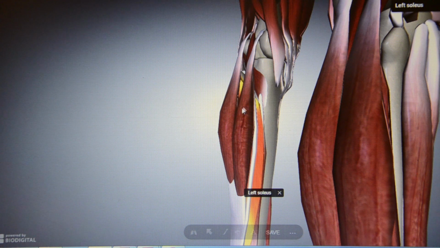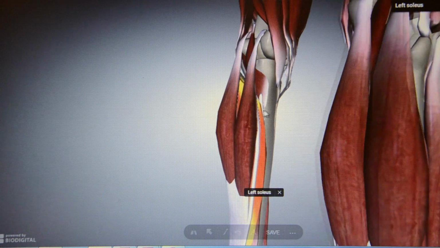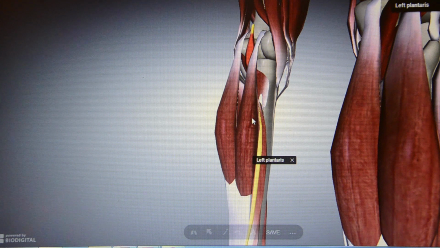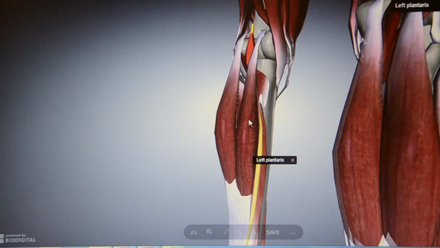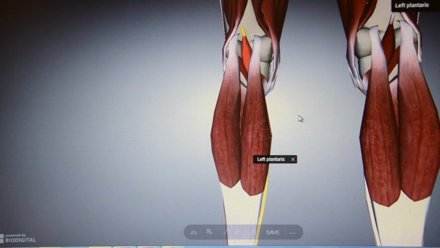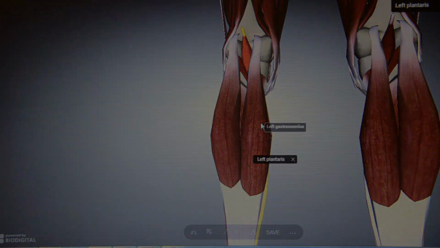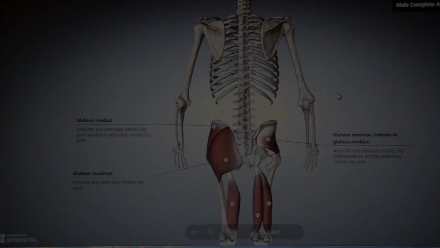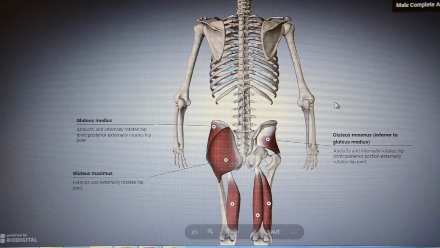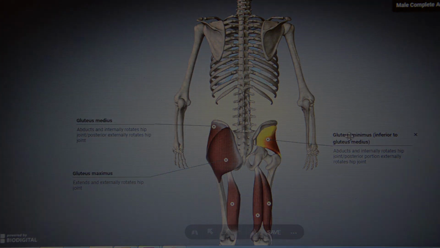And that's all for group A muscles. I've shown you the most common muscles affected by lower cross syndrome, and we will look now into group B muscles. Okay, now I will show you group B muscles, and I will start with glutes muscles. First one, gluteus medius, gluteus maximus, and gluteus minimus.